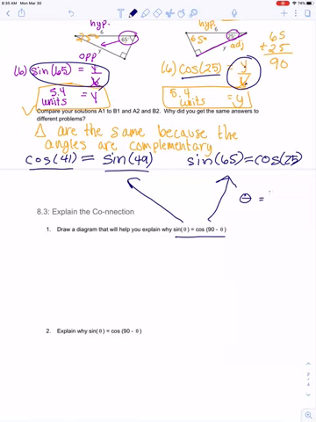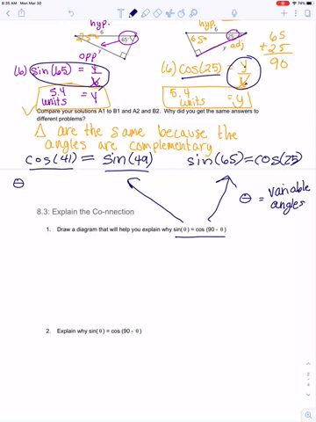This is the variable we use for angles. You'll see theta, it's the Greek alphabet. You'll see theta, you'll see alpha, and you'll see beta. These are the three most common ones that you use. So don't get stressed out whenever you start seeing that in equations. It's just variables like x, y, z.